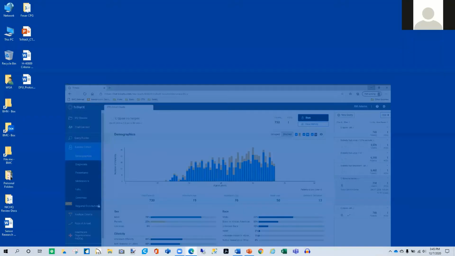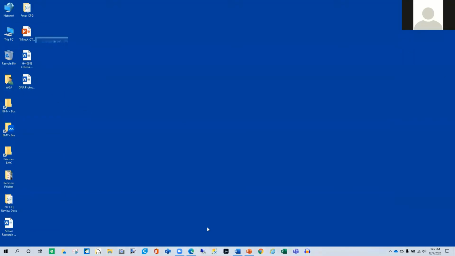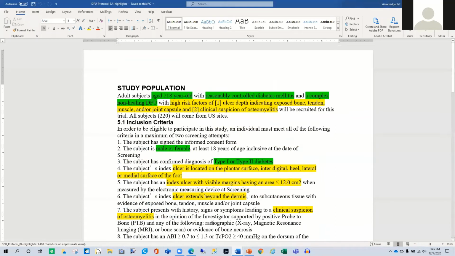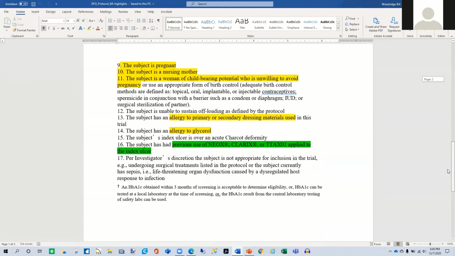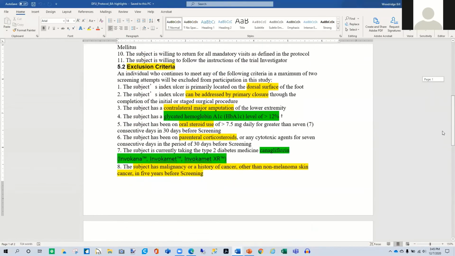And then I can quickly just do this other one. This was a study that was interested in patients over 18 with reasonably controlled diabetes. So that's kind of underspecified, but later on down here, I found that they were using 12 as the cutoff.